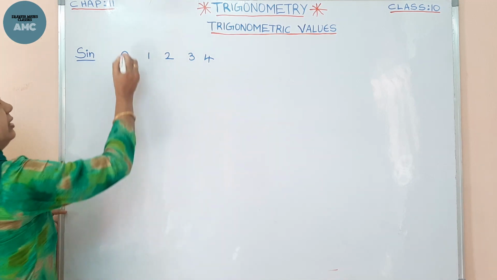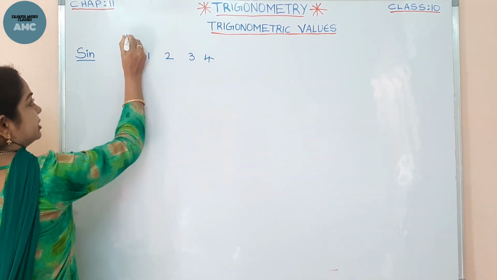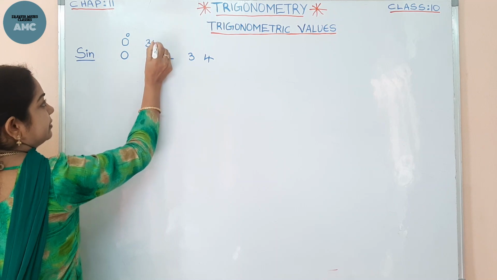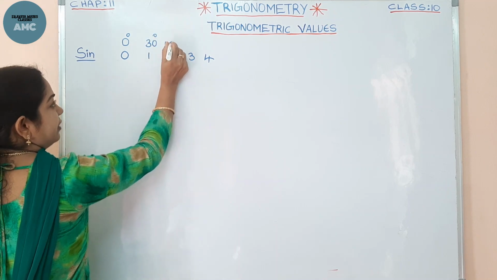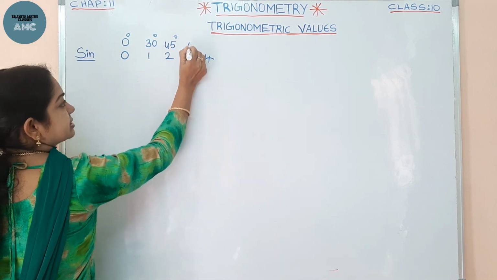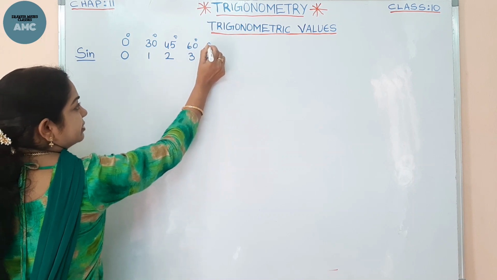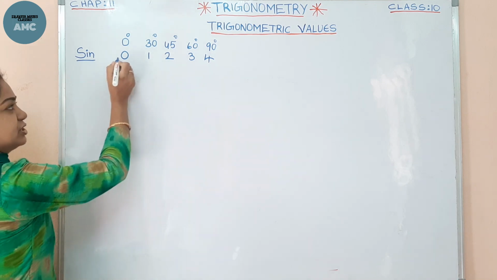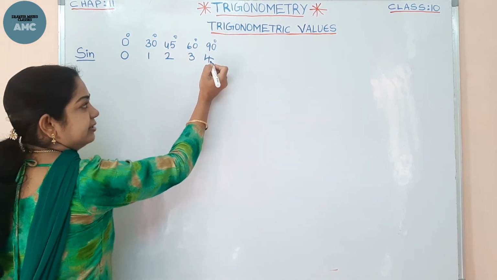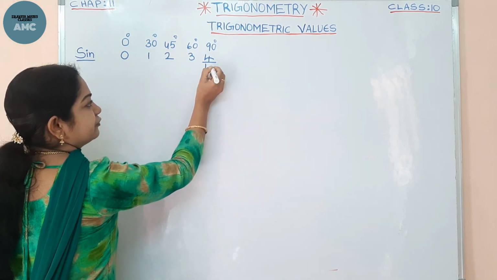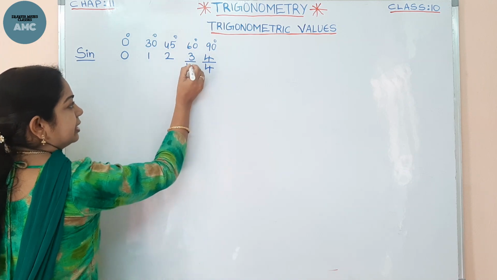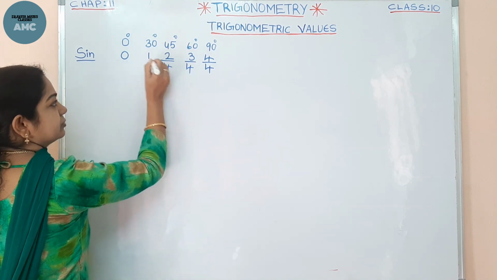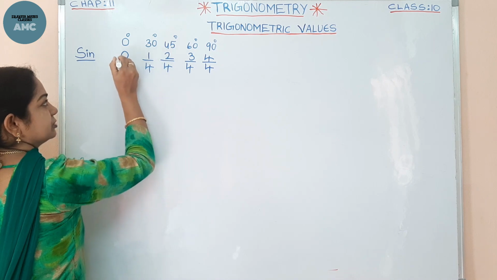Suppose these are 0 degrees, 30 degrees, 45 degrees, 60 degrees and 90 degrees. Let me suppose them. I'll start with 0, 1, 2, 3, 4. I've ended with 4, so I'll divide all the values by 4.